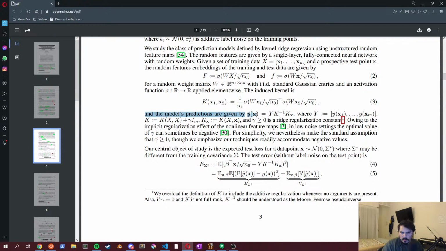And the model's predictions are given by y hat, which is y K inverse kx, where y is the list of labels, and these kernels. So I'm not really sure. Ridge regression, if I remember correctly, is basically linear regression with a weight decay term.